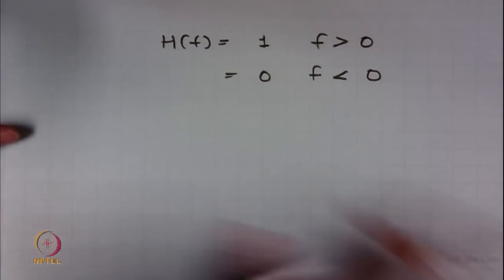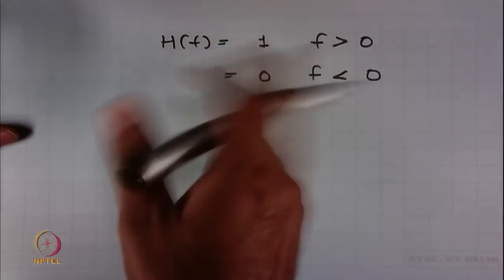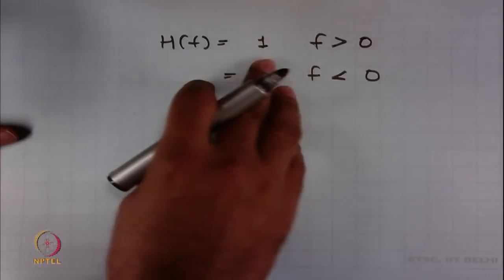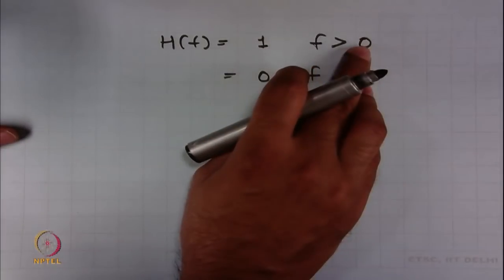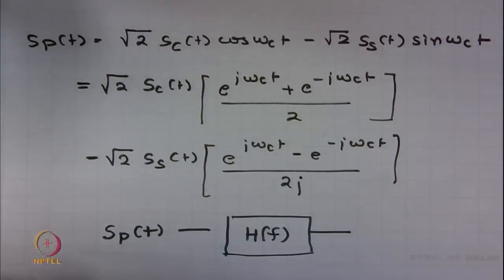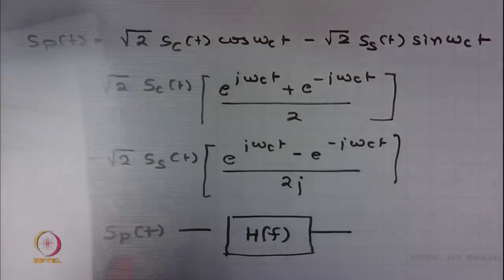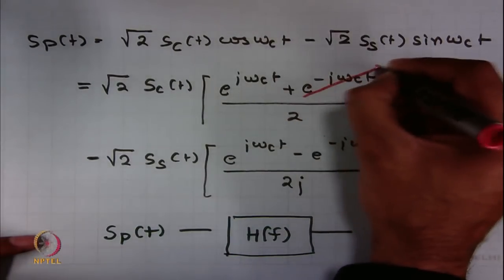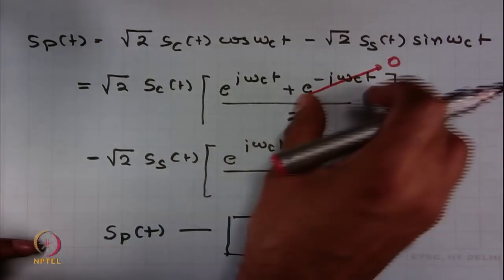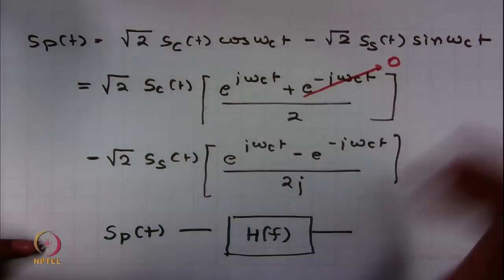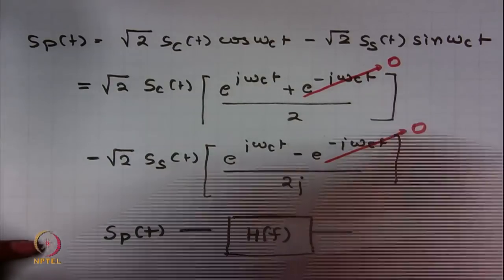It is a very simple expression for Hilbert filter and it is very useful. So, what it does is it simply passes the positive side of the spectrum and it blocks the negative side of the spectrum. So, if I pass this S_p(t) through H(f), this term would vanish, because this part of the spectrum is around minus ω_c, and once it is passed through the Hilbert filter it would vanish. Similarly, this term will also go to 0.